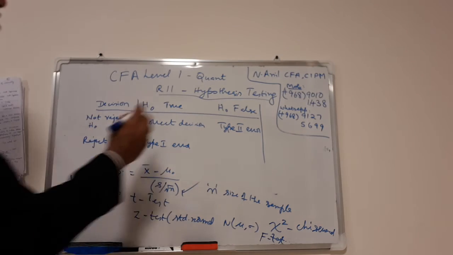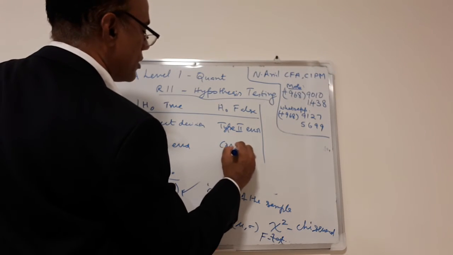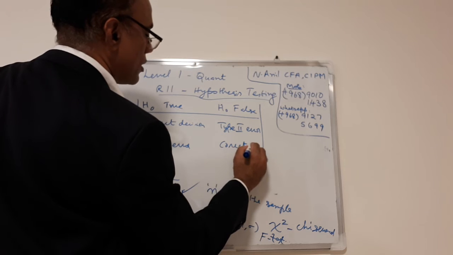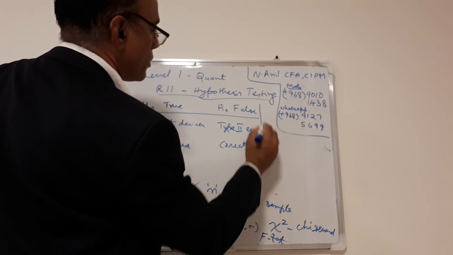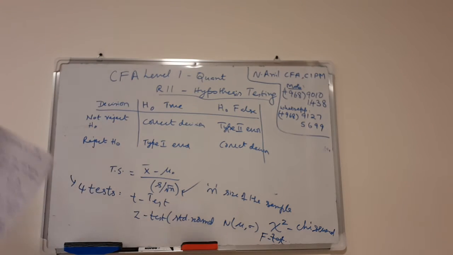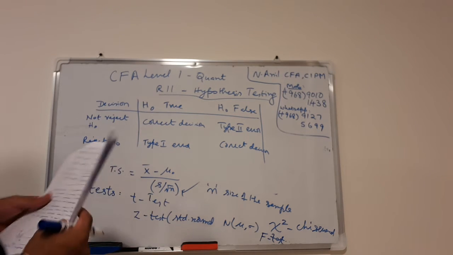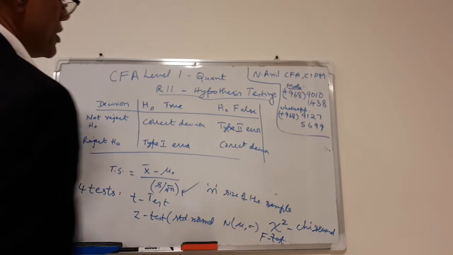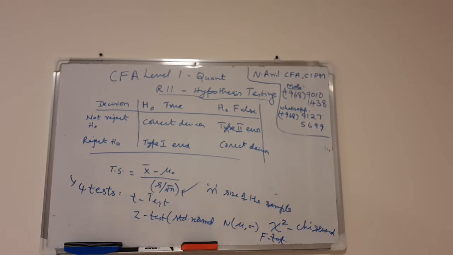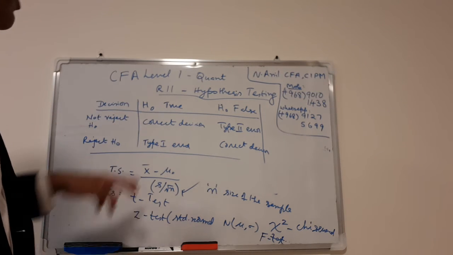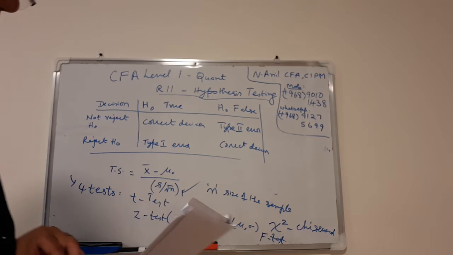And rejects H naught when H naught is false, this is a correct decision. You should remember this one, because this will come up as very important. So what is a type 1 error and what is a type 2 error? When you reject H naught when H naught is true, it is a type 1 error, and not rejecting H naught when H naught is false is a type 2 error.